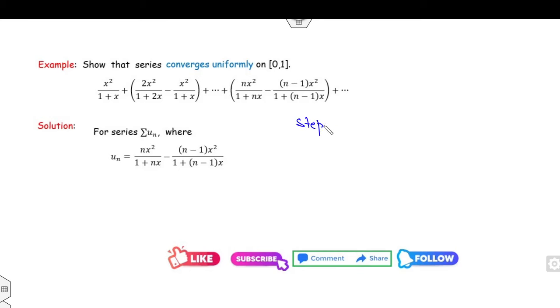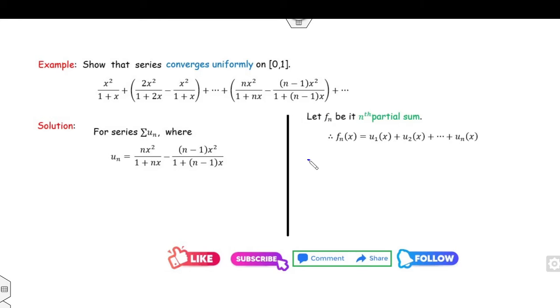Now I can define step number 1. We define fn(x) as u1 plus u2 plus up to un. What is u1? This is x squared over 1 plus x, minus 0. For u2, when you substitute n equal to 2, it is 2x squared over 1 plus 2x minus x squared over 1 plus x, and so on.